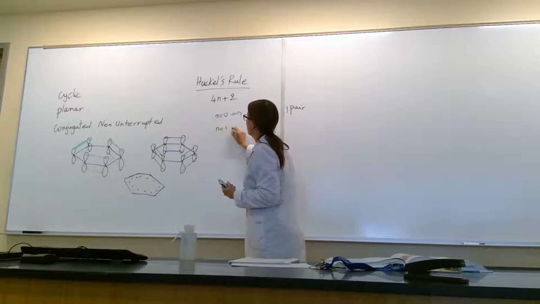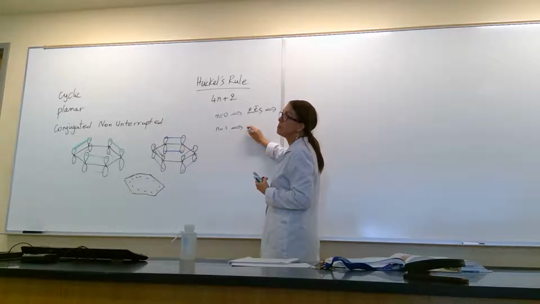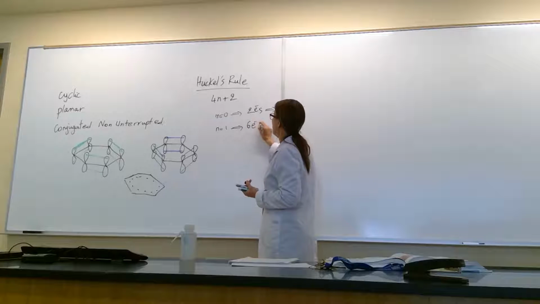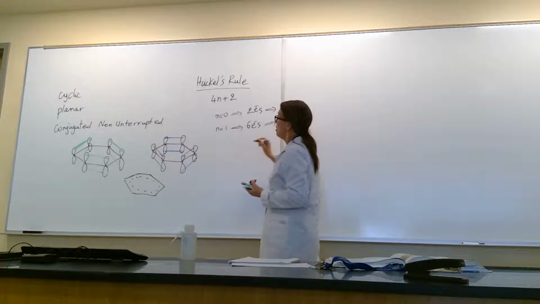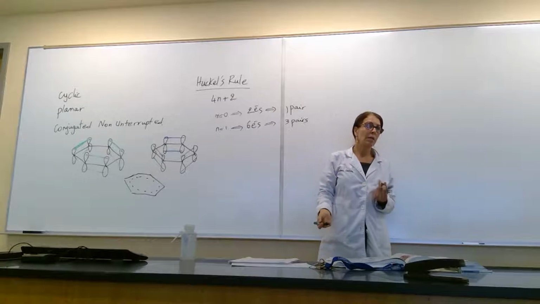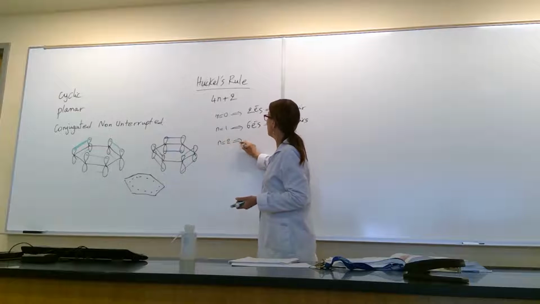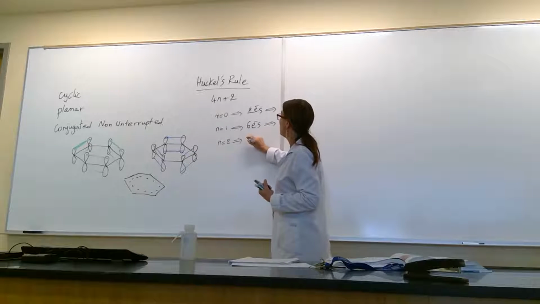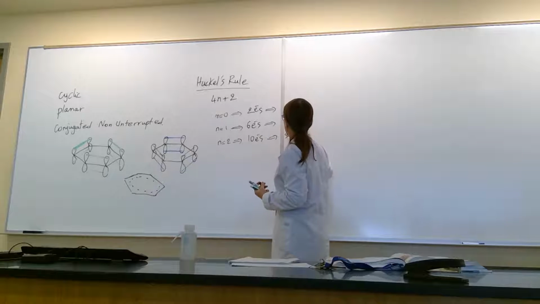N equals 1, it's going to be what? 6 electrons, which means how many pairs? 3. So it has to be an odd number. If n equals 2, it's going to be 10, which makes it 5.